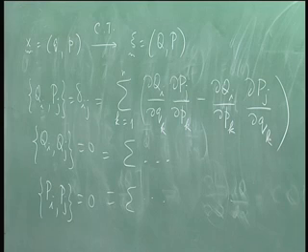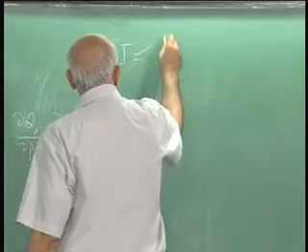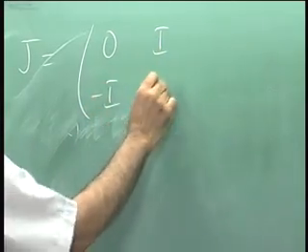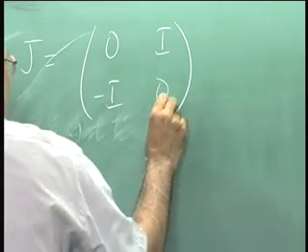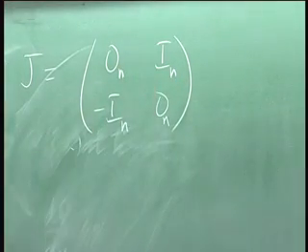Now that looks very messy and you could ask, what does this finally mean? Is there a simple way of understanding it? The answer is yes, there is. Recall that we had defined this matrix J, which was equal to 0, unit matrix, minus unit matrix, 0, and I put an n here to show these are n by n matrices.